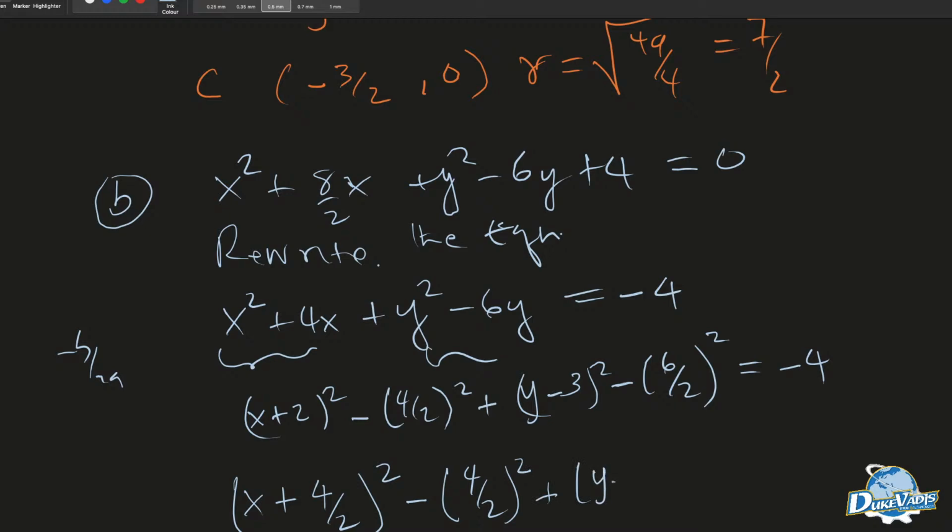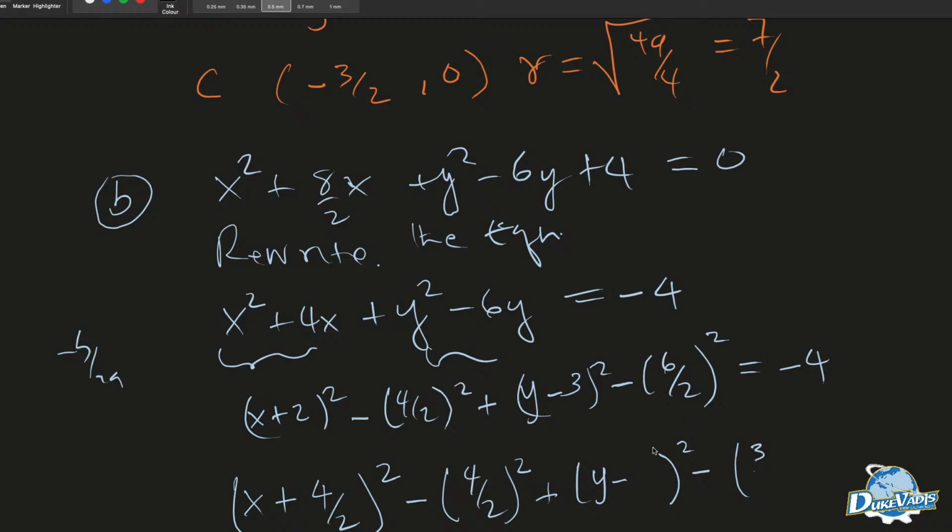Then the y is y minus 3. So y minus 3 divided by 2 squared. Then I'll come here, minus the value added, 3 over 2. What is it? y minus 6 over 2. So that is, sorry, 6. Okay, so when I come here, let's go back to it.